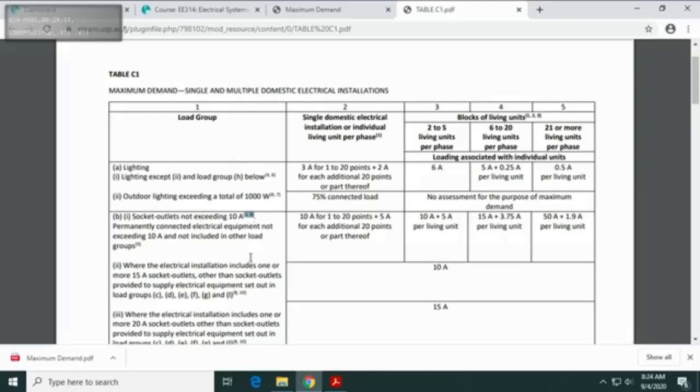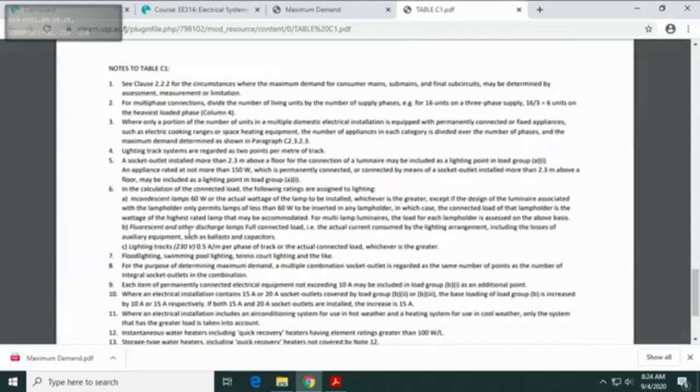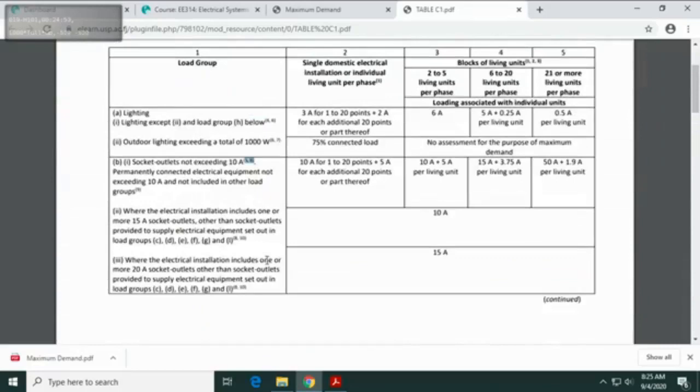Okay, let's read these notes 5 and 8. Sorry, we look at this column in the final when we add the groups, just like we have done for group A1.